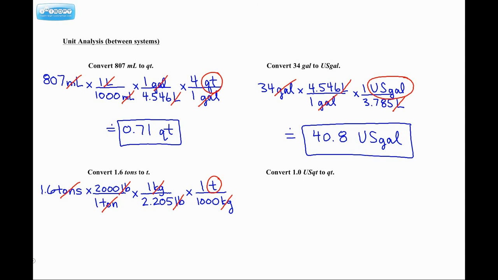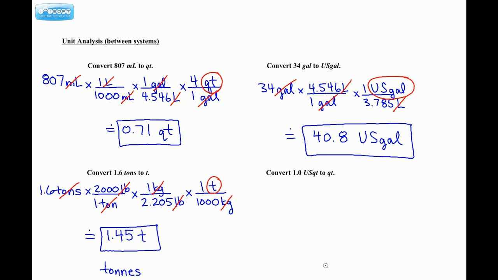So take our calculator, 1.6 times 2,000 divided by 2.205 divided by 1,000. And I get approximately 1.45 metric tons.